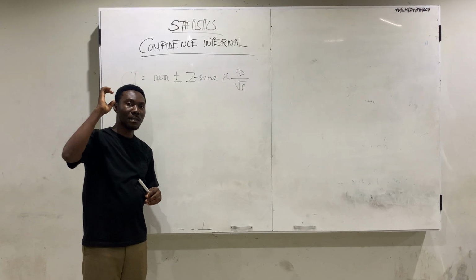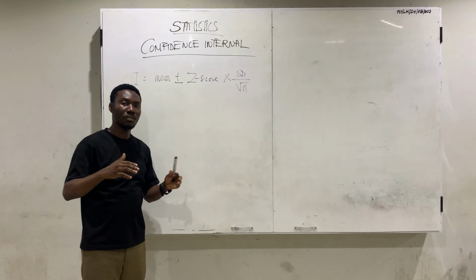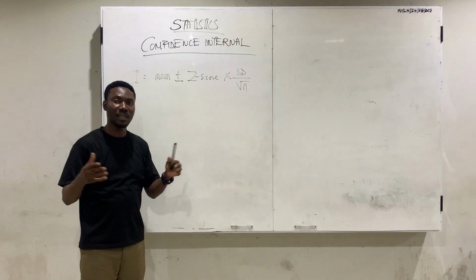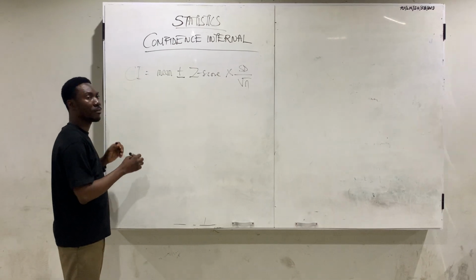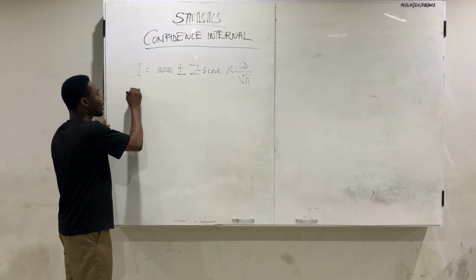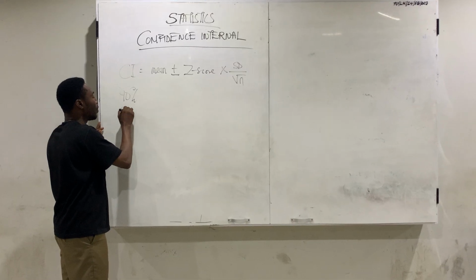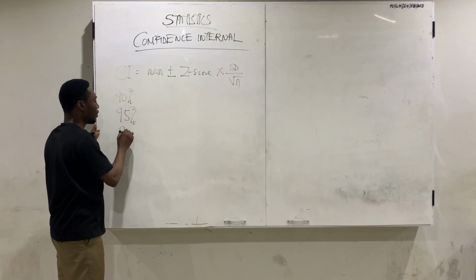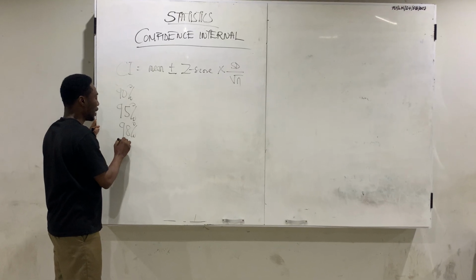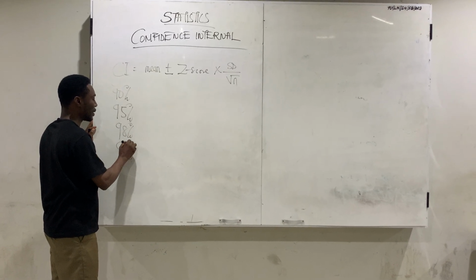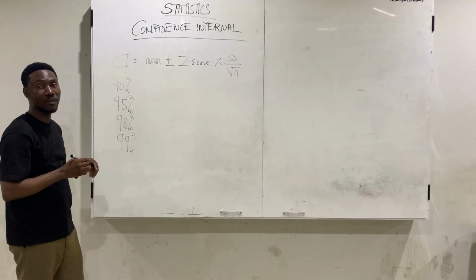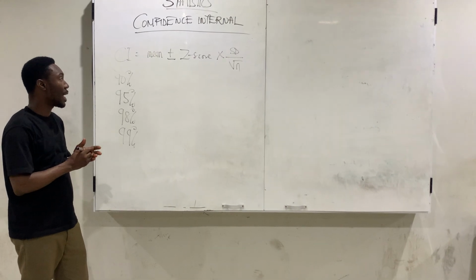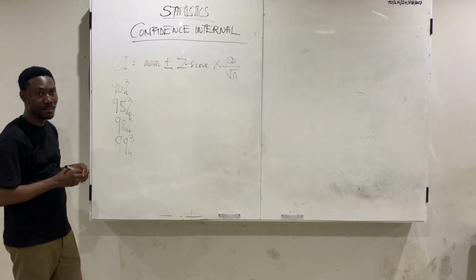Now from our previous lessons in hypothesis testing, we discussed the various confidence levels. The common confidence levels we have are 90%, 95%, 98%, and 99%. These are the common confidence levels that we work with in statistics.